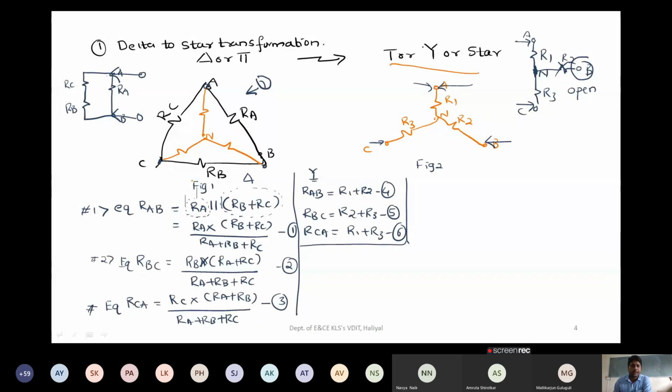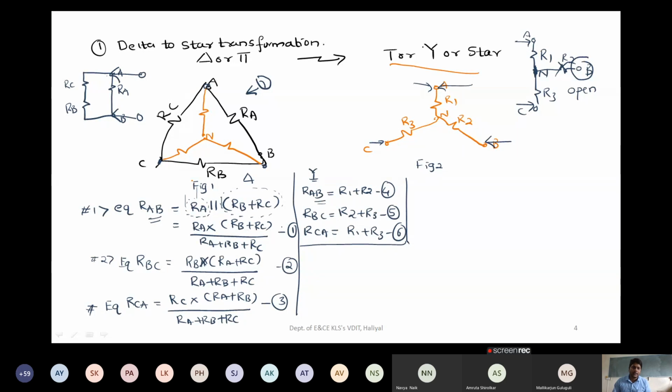So now what we need is to define the values R1, R2 and R3 in terms of RA, RB, RC. So I need to define R1 in terms of RA, RB, RC, R2 in terms of RA, RB, RC, and R3 in terms of RA, RB, RC. So how to do that? We have the equivalent resistance across the same points.